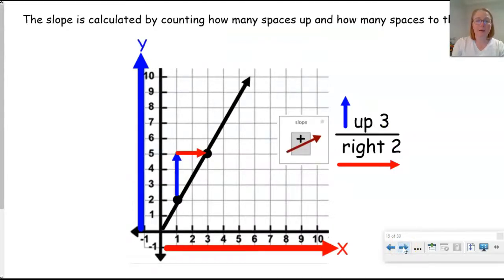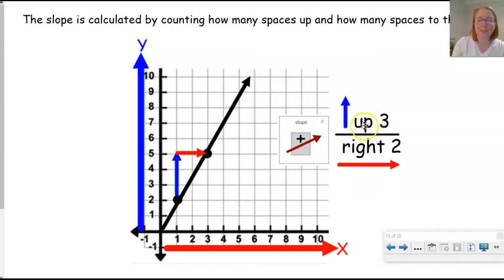The slope is calculated by counting how many spaces up and how many spaces to the right. So we put any 2 points on a line. We put a point here, and there's a new point here. So what you do is you count first, how many spots did you go up? And look, I went 1, 2, 3 spots up.